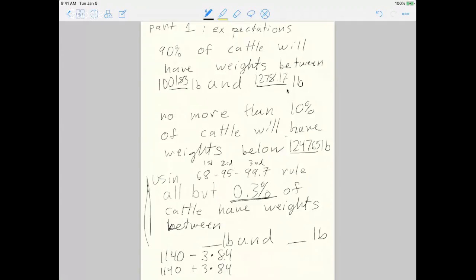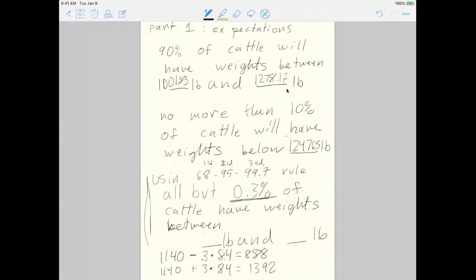I've got a TI sitting here with me, so just 1140 minus parentheses 3 times 84 close parentheses. This gives me 888. Do it the other way, 1140 plus 3 times 84. That gets me 1392.